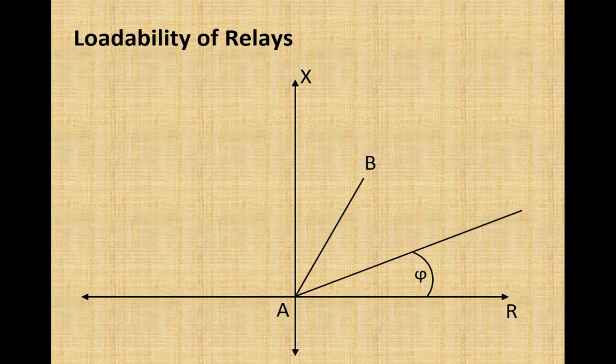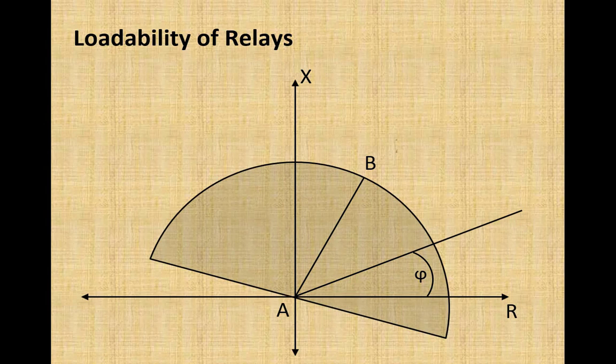So if we consider a line, this is the line impedance A to B, and we have a relay characteristic to provide protection to this line, let's say the first relay. This is the characteristic of an impedance relay and it has been shown with a semicircle, so that becomes the characteristic of a directional impedance relay. It means we have combined the impedance relay with the directional relay.